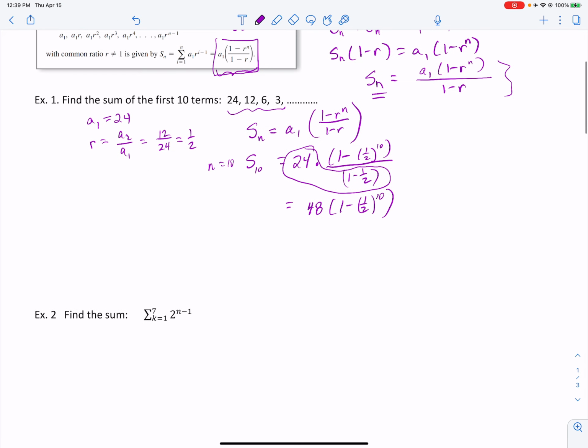And then you might have to do this in pieces. You're going to need 2 to the 10th. And the exact value of 2 to the 10th is 1,024.